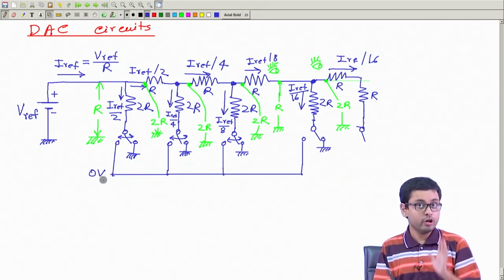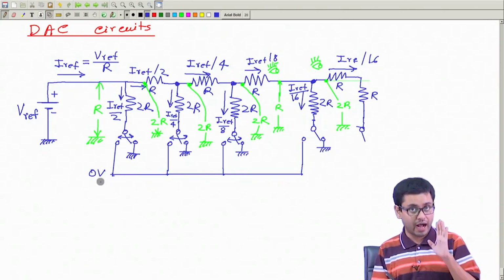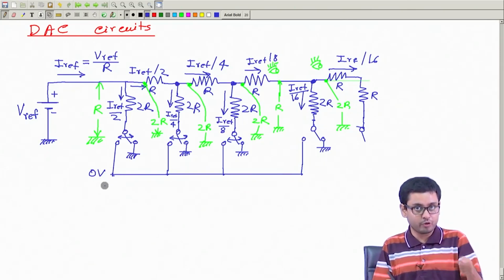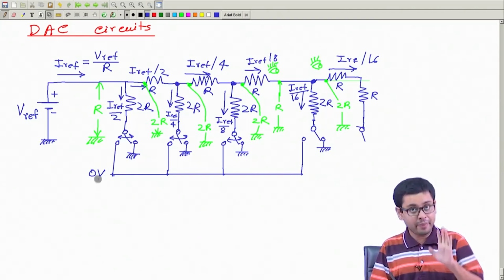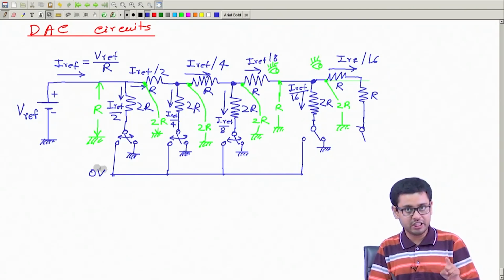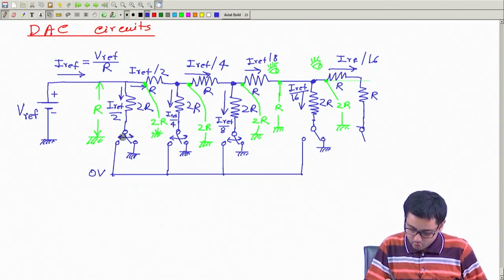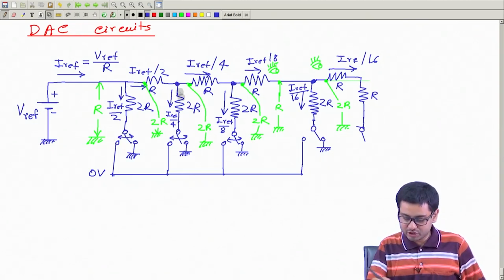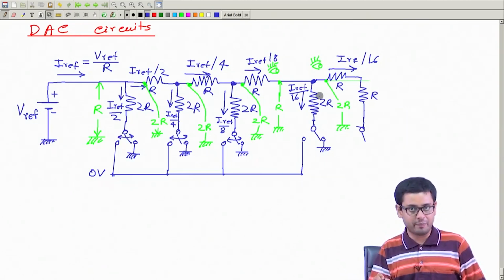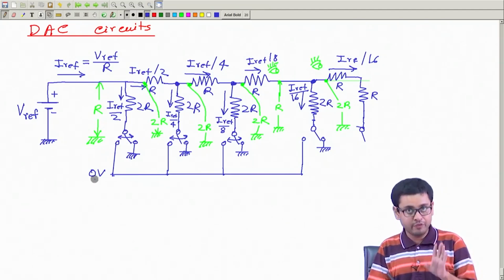Even if it is not physically the ground or earth or physically a 0 potential point, I am ensuring the potential here will be 0 or very close to 0. If I ensure that, then no matter whether you connect it here or here, the current distribution in this resistance will remain the same, because both of them have the same potential. So I will ensure that this is 0 volt. How? Later.